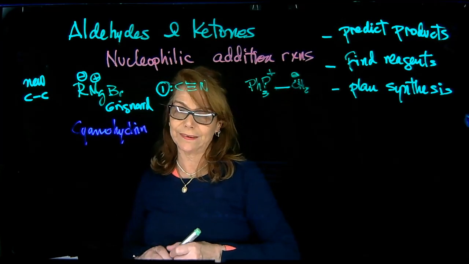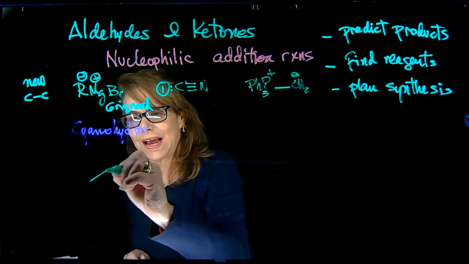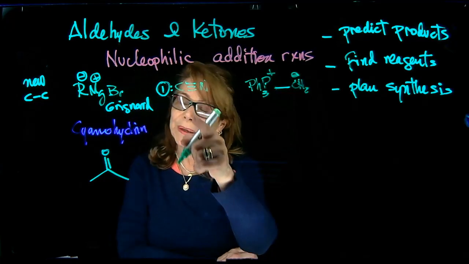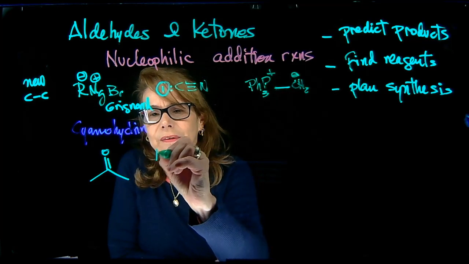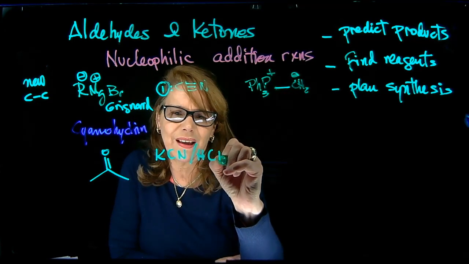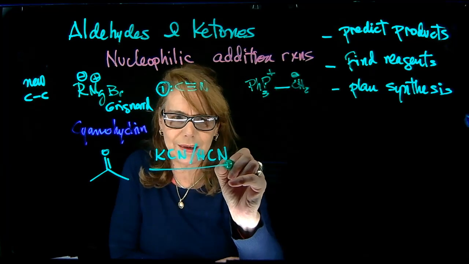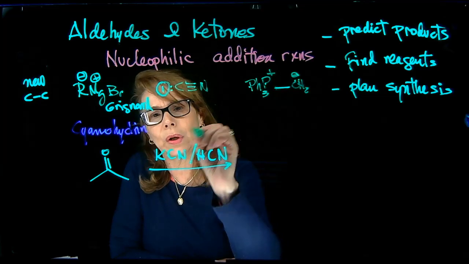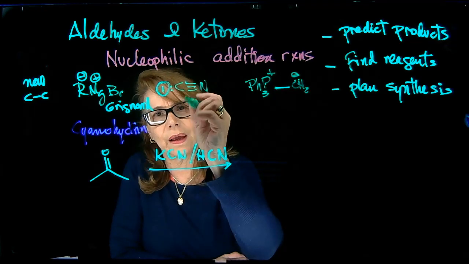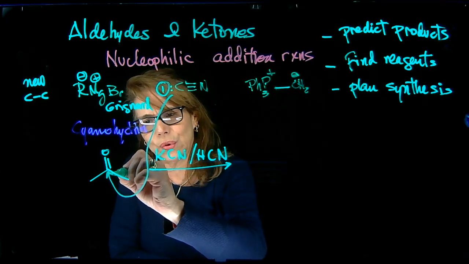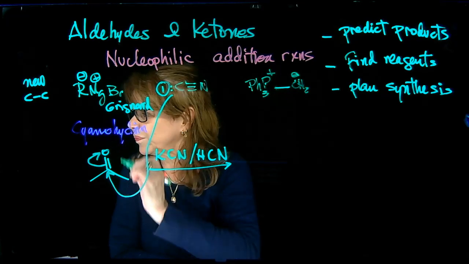What we are doing next is attacking with this. Typically, the conditions for that are using the salt KCN and a kind of buffer. Again, the mechanism will go through nucleophilic attack. Since I have a cyanide here, I'm going to do nucleophilic attack over here.